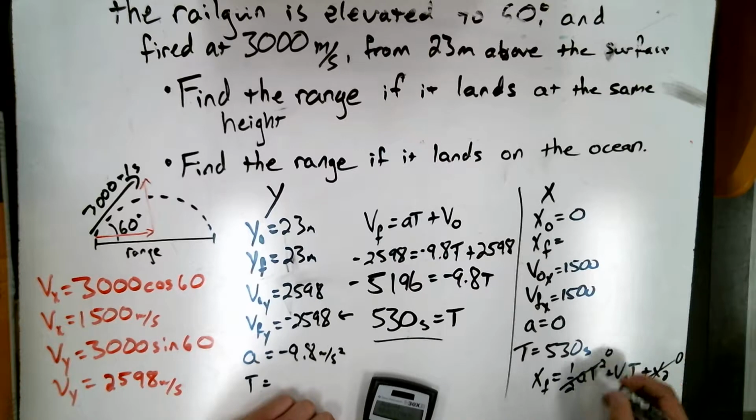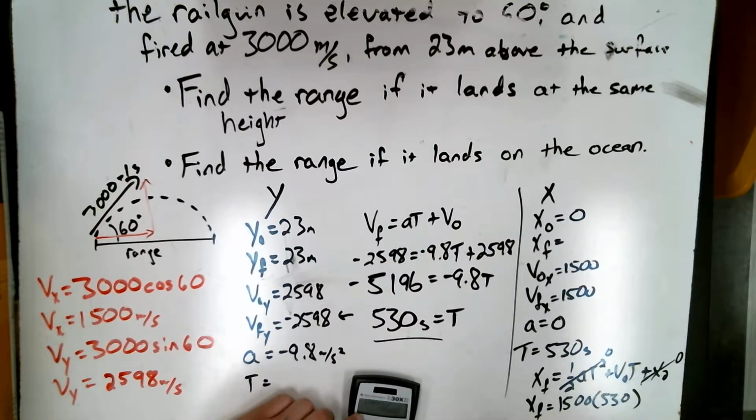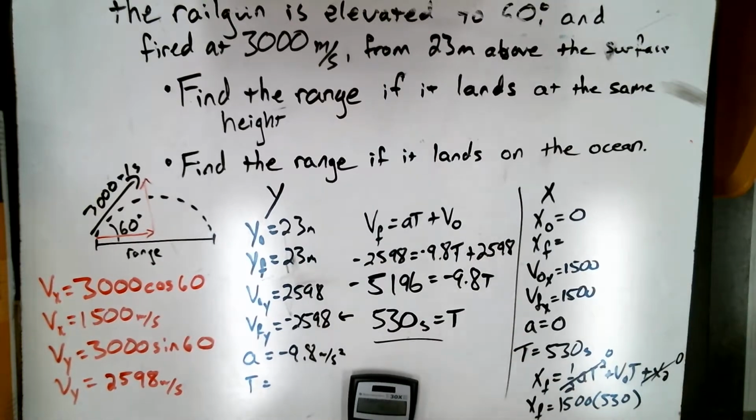That 0, that 0. So xf equals 1500 times 530, or a very, very far distance of 795,000 meters. Railguns are awesome.